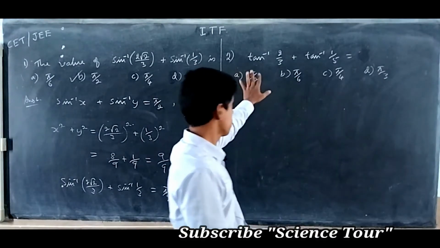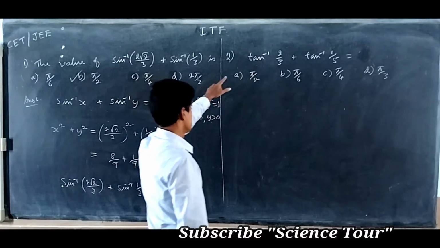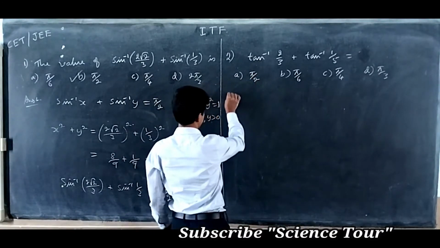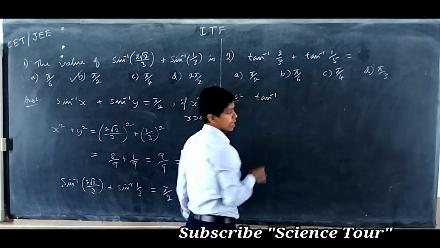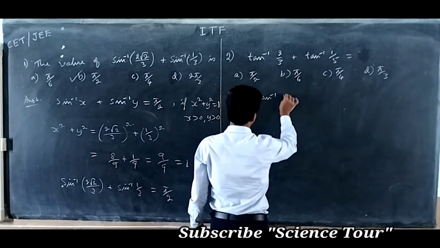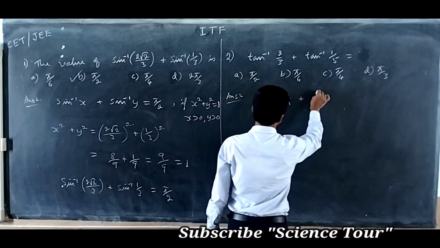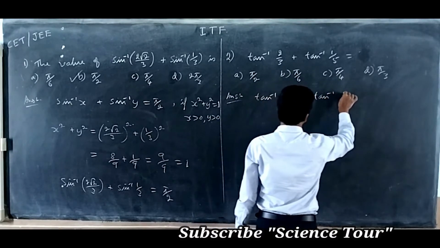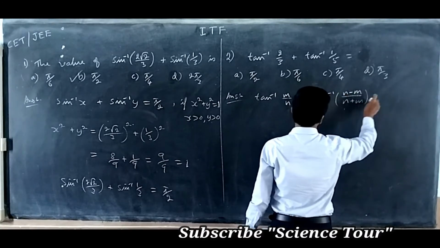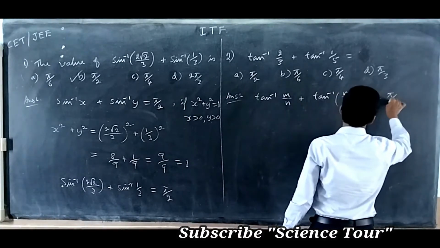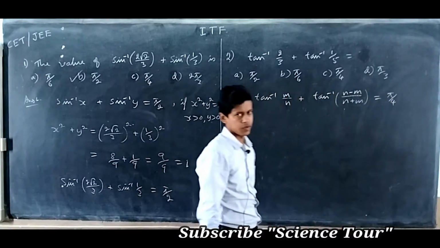The second formula that I am going to tell you is this: tan inverse m by n plus tan inverse of n minus m divided by m plus n will be equal to pi by 4, that is 45 degree.